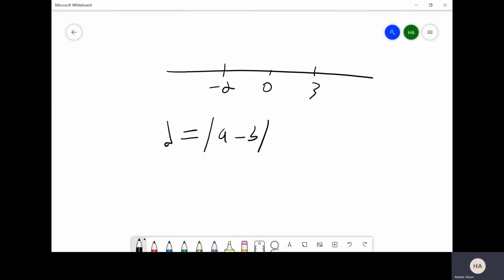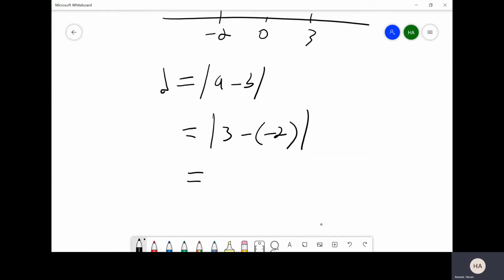In this case, we would have the difference between 3 and -2. Well, 3 minus -2 is the same thing as 3 plus 2, so we get the absolute value of 5, and the absolute value of 5 is just 5, right?